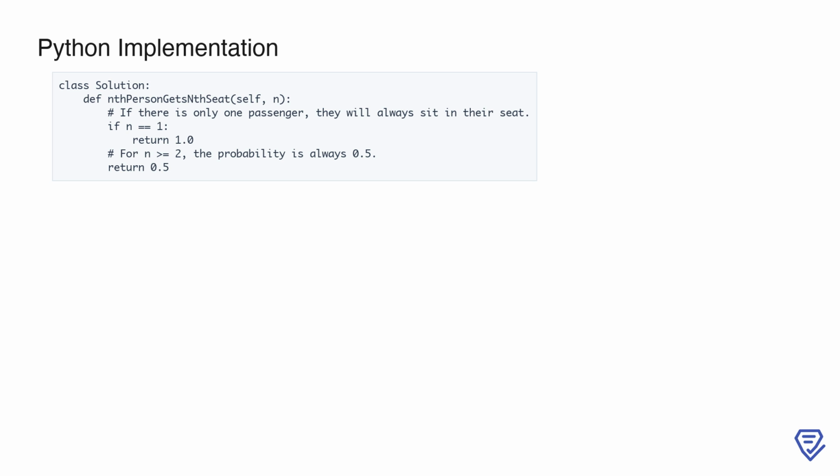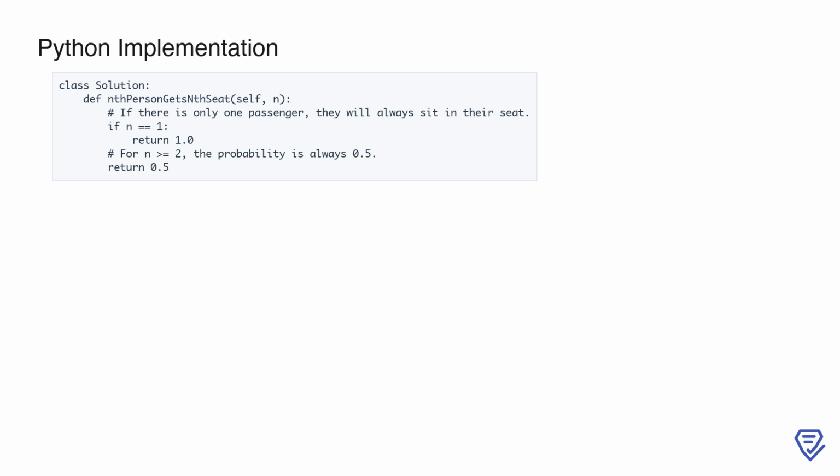For all cases where n is greater than or equal to 2, the probability that the last passenger ends up in their assigned seat converges to 0.5. This result is derived through mathematical reasoning and recursive probability analysis. Instead of simulating the seating process, we use this direct formula to return 0.5 for all n greater than or equal to 2.